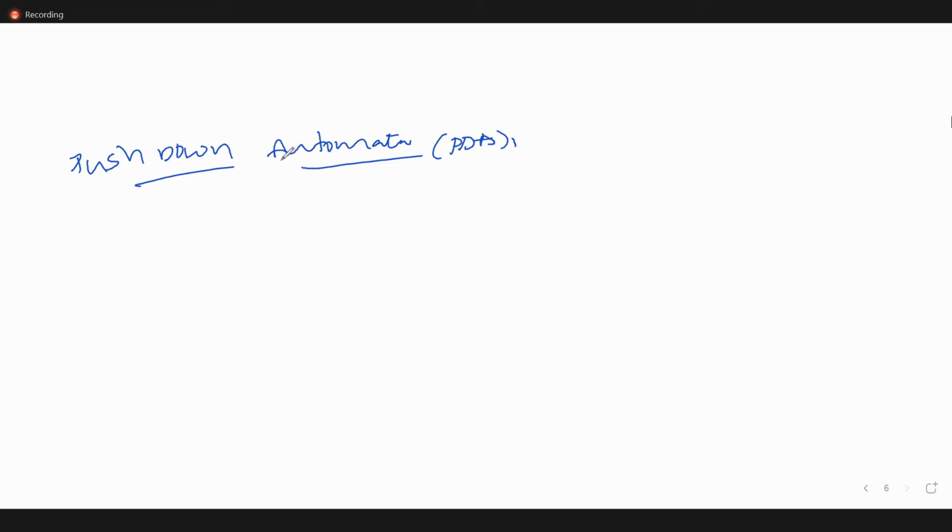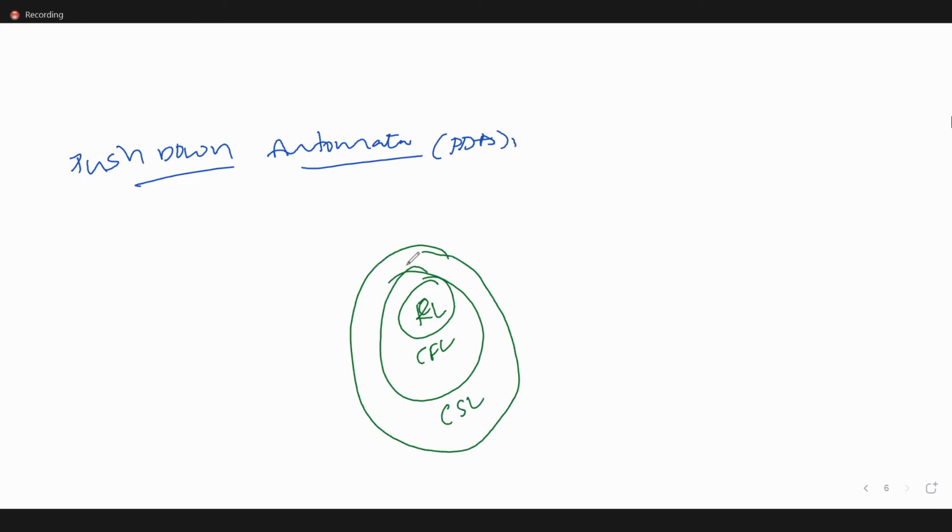If you observe, do you remember the Chomsky hierarchy? The first one is regular languages, the second one is context-free languages, the third one is context-sensitive languages, and the fourth one is recursively enumerable languages. These are the things we have in the Chomsky hierarchy.